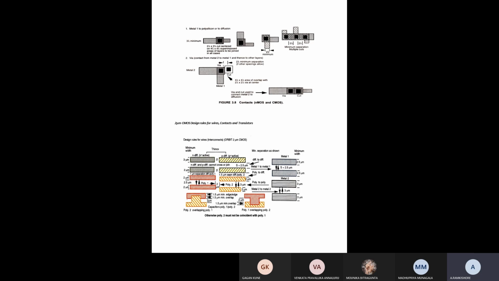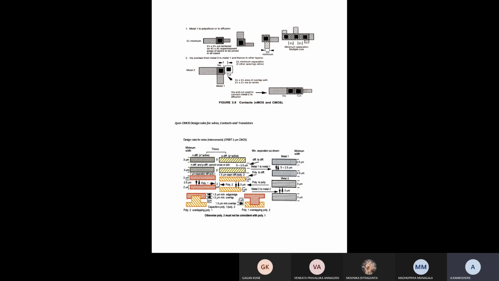Whatever you see here as the thick black box within the circle connects from one layer to another layer, and the external box is the protective one, for the protection of the contact.